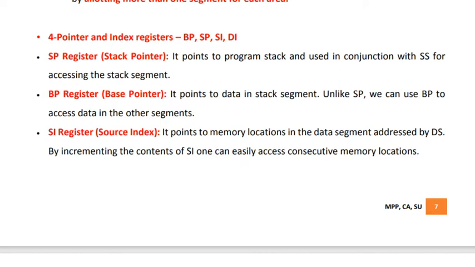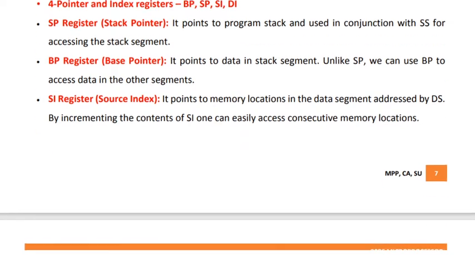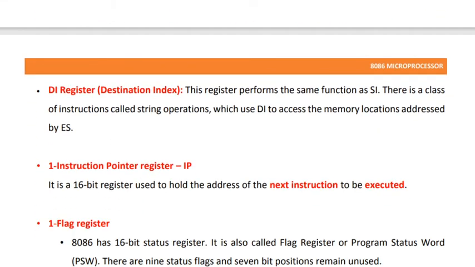Now the source index register SI points to the memory location in the data segment addressed by DS. So here SI is used in conjunction with the data segment register DS. By incrementing the content of SI, we can access consecutive memory locations. This implies SI can be used in order to access an array. The DI register performs the same operation as that of SI.